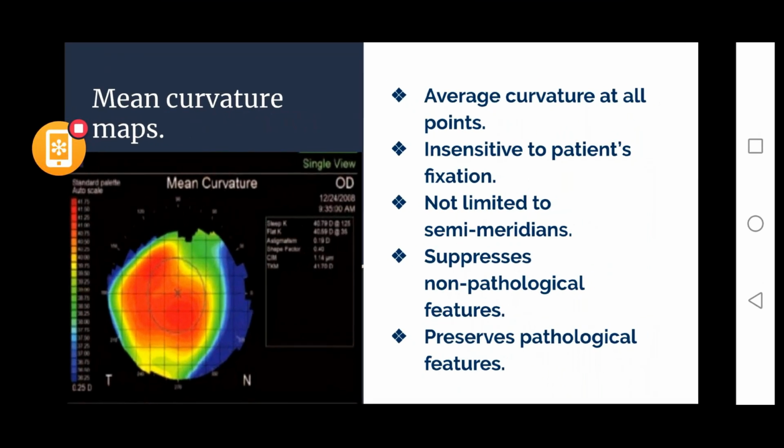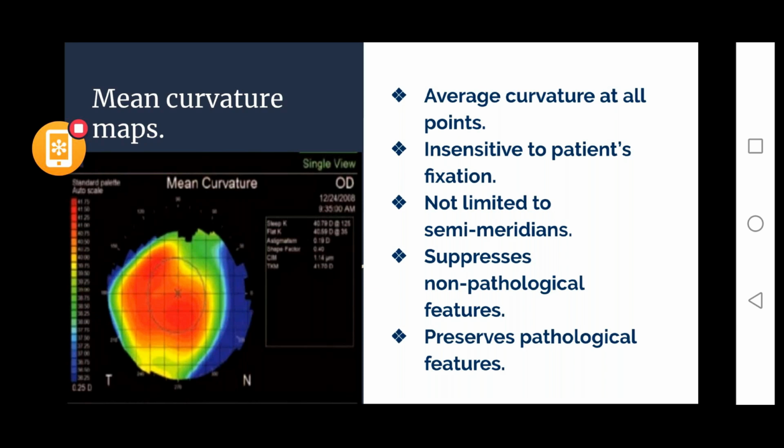Suppose you are aware of what positive angle kappa is, or that it appears in high hyperopes, so you will understand the apex has moved to the nasal side, and that this could be a high angle kappa. So you can repeat the topography and confirm it a second time.